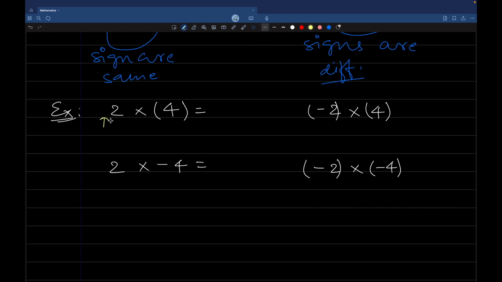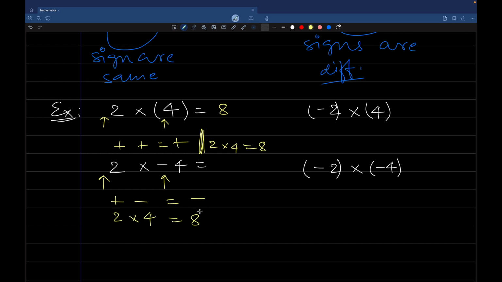We have here both the signs positive, so plus into plus is plus, and 2 into 4 equals 8, so we have plus 8 as answer. We have one sign positive, one sign negative, so plus into minus is minus, 2 into 4 is 8, so we have answer as minus 8.